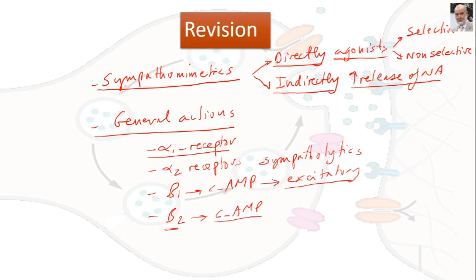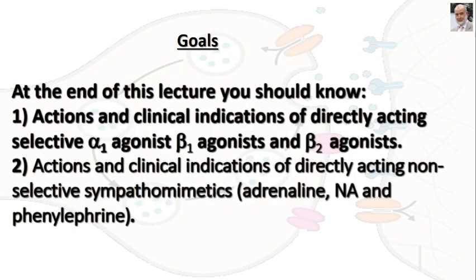As we will see, there are very important clinical applications of this group of drugs. So the major goals of today's lecture: first is to know the actions and clinical indications of directly acting selective alpha-1 agonist, beta-1 agonist, and beta-2 agonist.